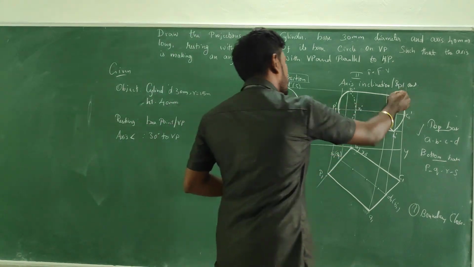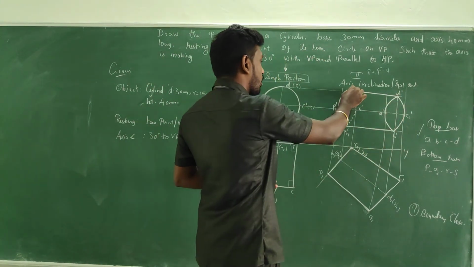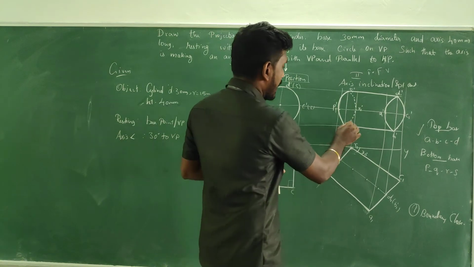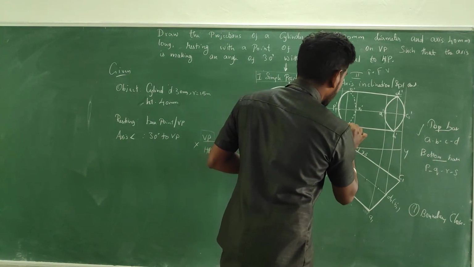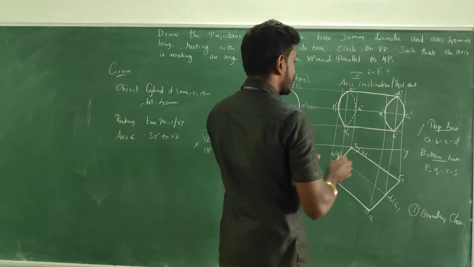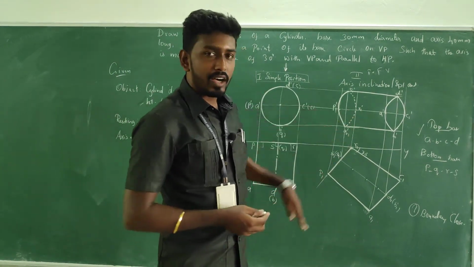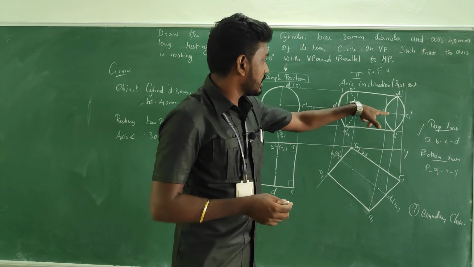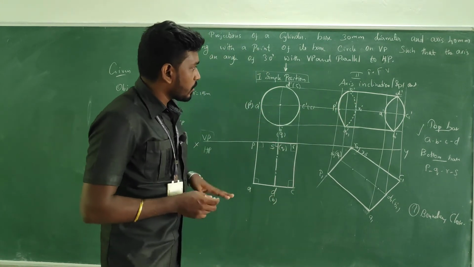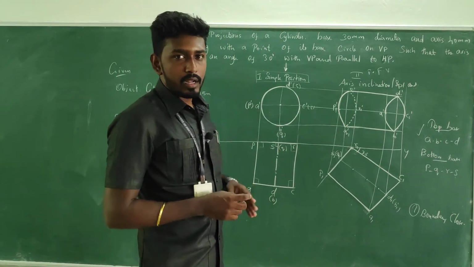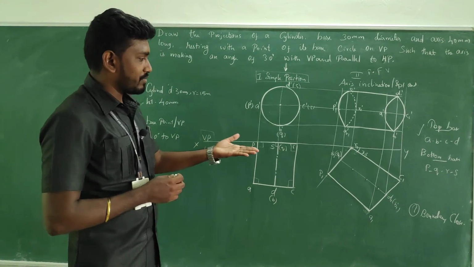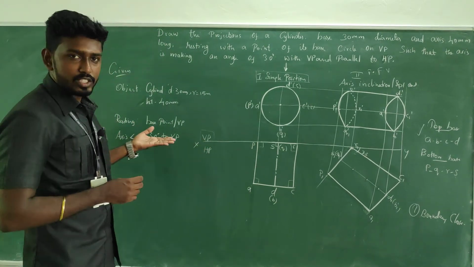Only the top base should be visible as a dark line, and the bottom base partially a dark line, and then the outermost bottom extreme and top extreme are dark lines. There are no edges, so no need to connect P and A, R and C, something like that. This is how we prepare the final front view and final top view in such conditions.